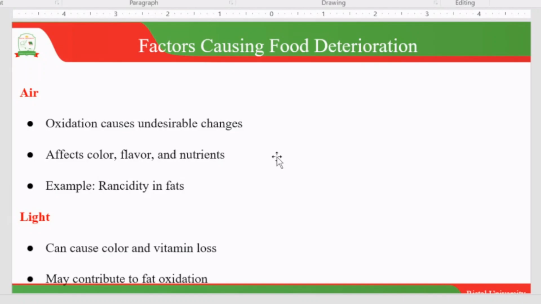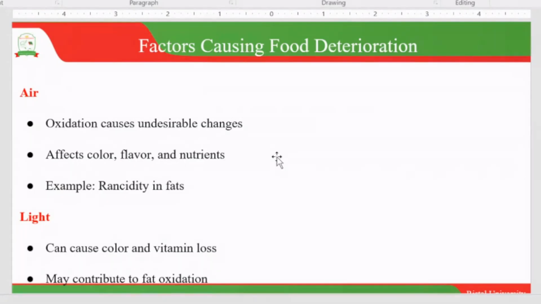But when we talk about oxidation, rancidity of fats could happen. Rancidity is the change where the fats give off off-flavors, odors, and potentially harmful compounds.